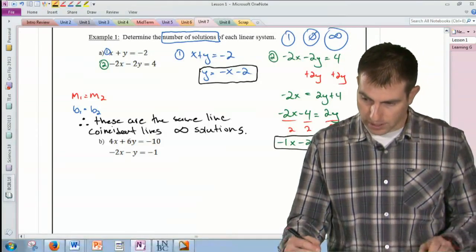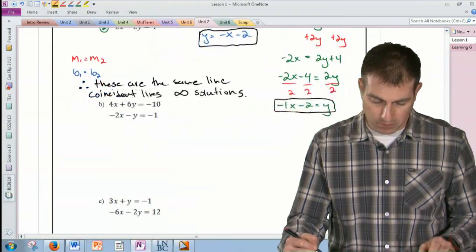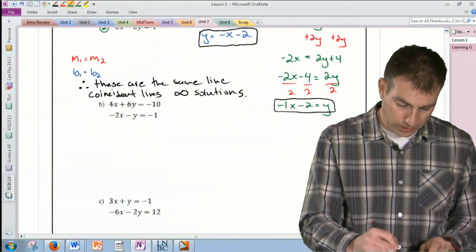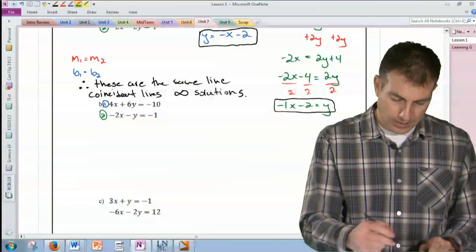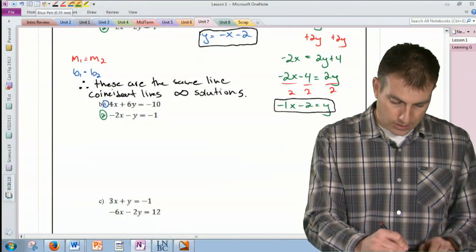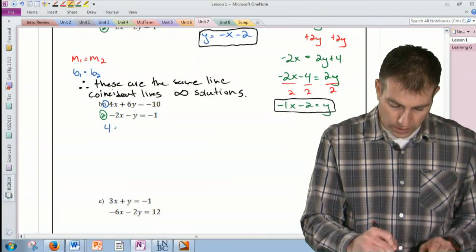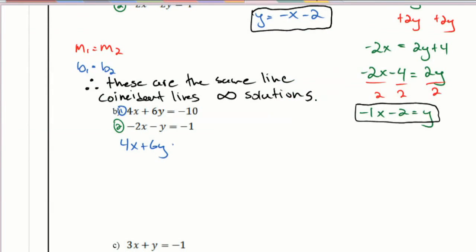Let's look at the next example here. I'm going to convert both of these into slope-intercept form as well. So 4x plus 6y is negative 10. Move the x to the other side. 6y equals negative 4x minus 10.